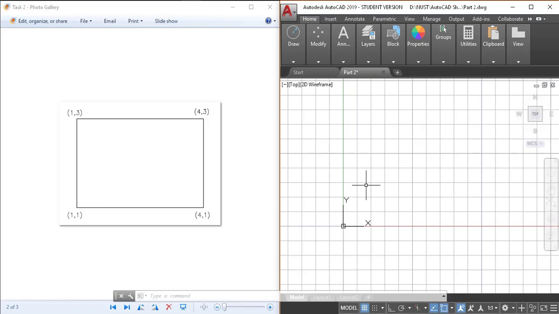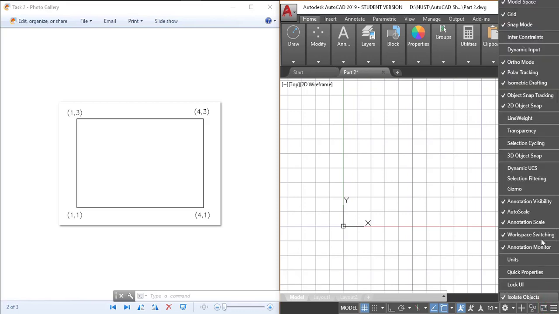So how to see whether the dynamic input mode is invoked or not? You have to go to the bottom right corner and click on the customization button. Here you can see that dynamic input is not shown on this status bar or toolbar.